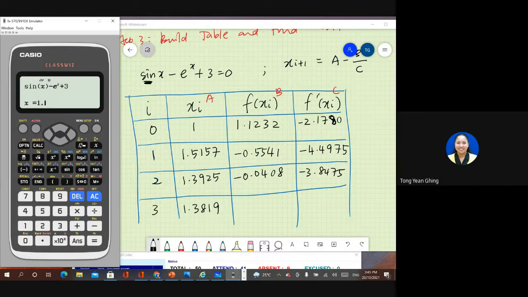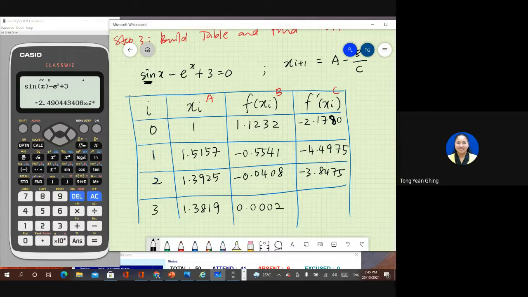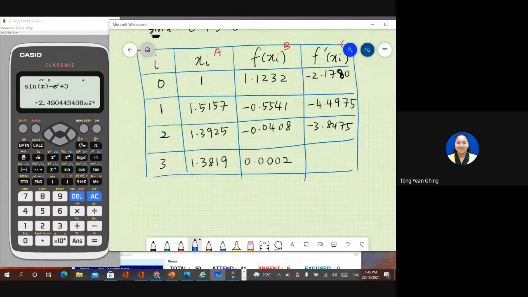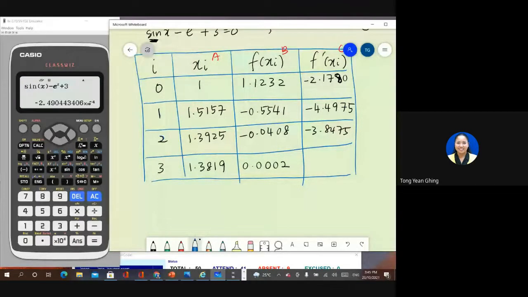Calculate 1.3819. Okay, 0.0002. Okay, so now we can stop. See, fx3 is equal to 0.0003, less than epsilon.